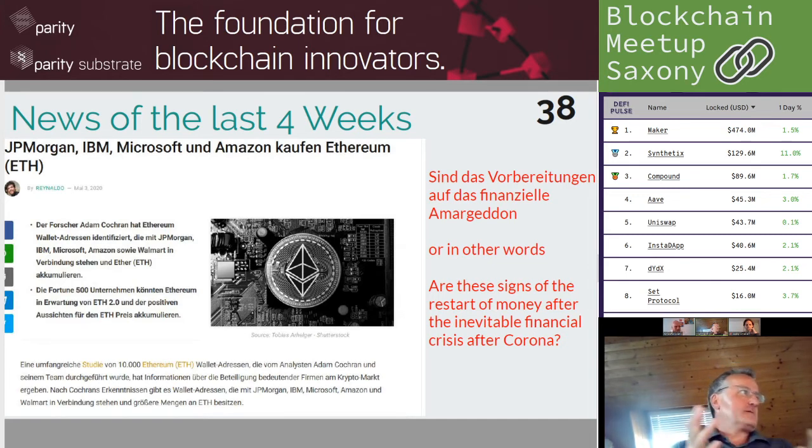Yeah, and this is also interesting. The question is, are these preparations for a financial Armageddon, or in other words, are these signs of the restart of new money after the inevitable financial crisis after Corona? What happens? The big companies, JP Morgan, IBM, Microsoft, and Amazon, it seems that they're buying big amounts of Ethereum.